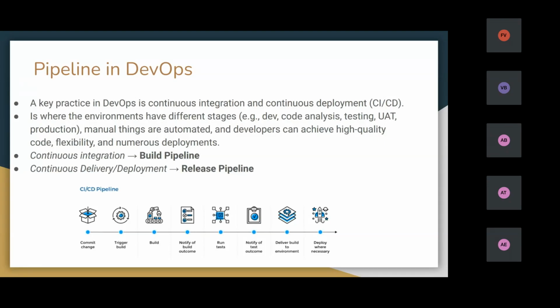Otherwise, if we are using automation, and the test is a success, we can move to the next environment if we have defined it like that. Manual intervention is not needed. Then it will deploy where necessary. Okay, this is the CI/CD pipeline in DevOps.